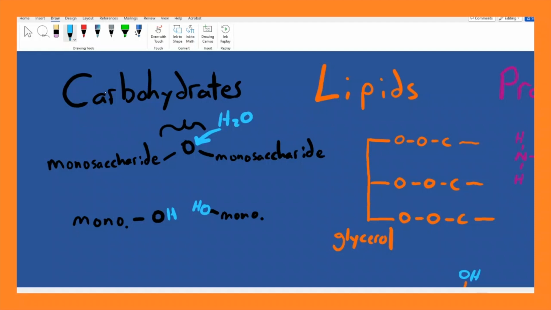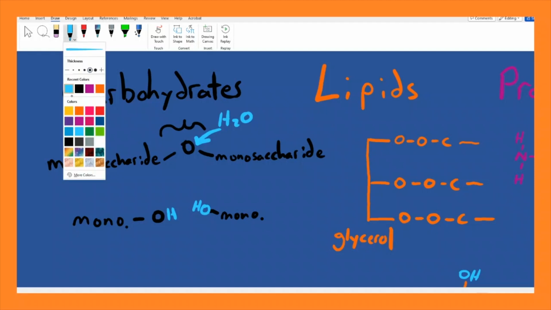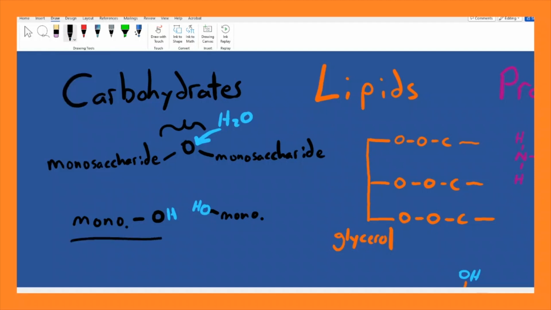The disaccharide is called sucrose. And the enzyme adds a water right here in the middle. One side gets the H from H2O, one gets the OH from H2O. And now I have two separate monosaccharides. I broke the chemical bond between these two subunits using a water.